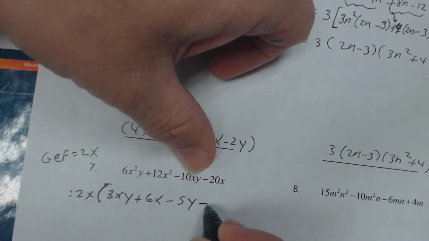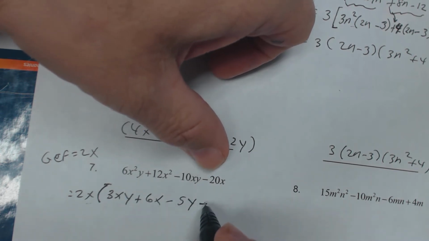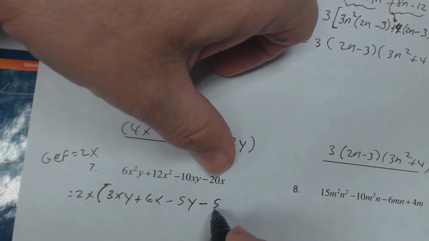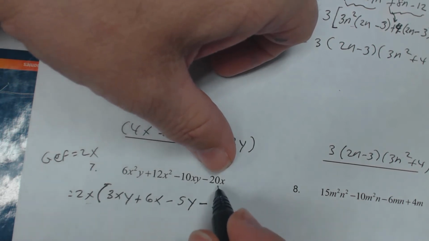And then minus 2x times a negative 5 gives me a negative 20x.